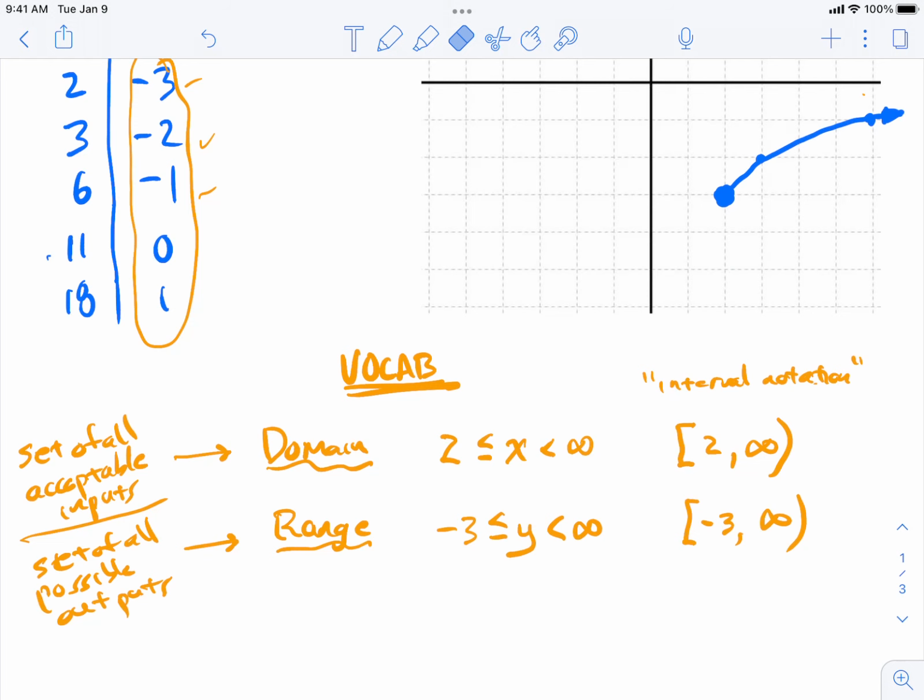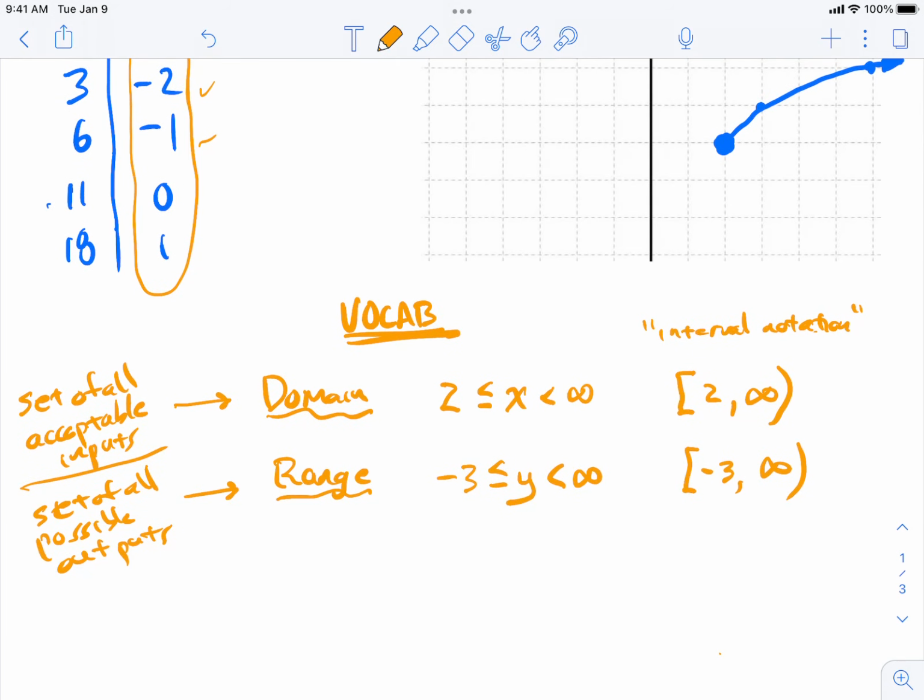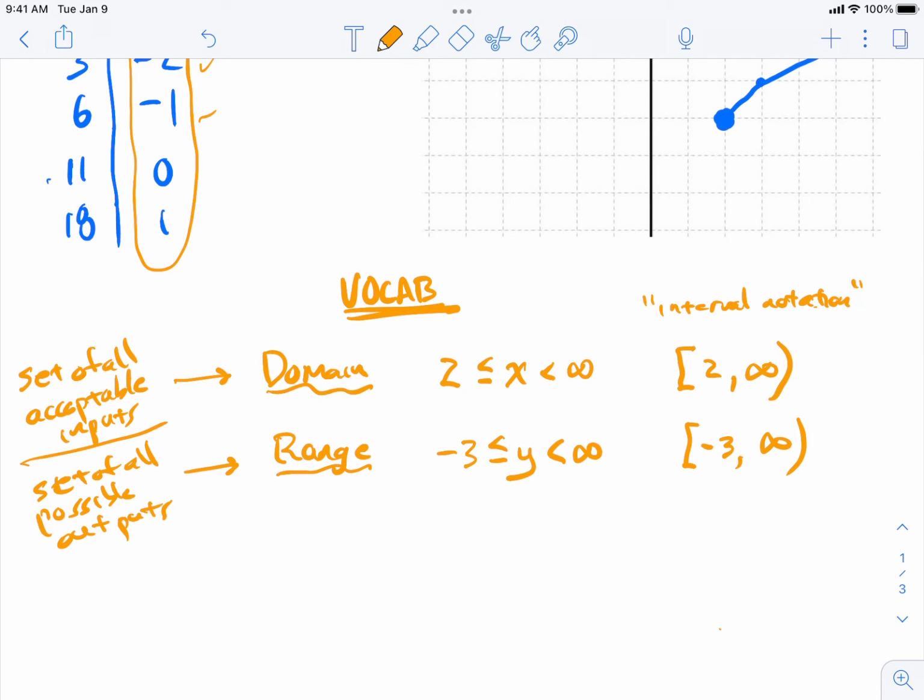In fact, it is the lowest minimum possible. There's nothing lower than that, right? So we call it an absolute, or another word you'll hear is global minimum. It's the lowest the function goes, the lowest output you ever get ever. That's the absolute global minimum.